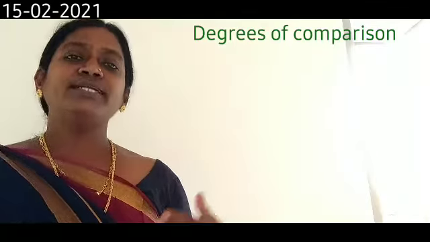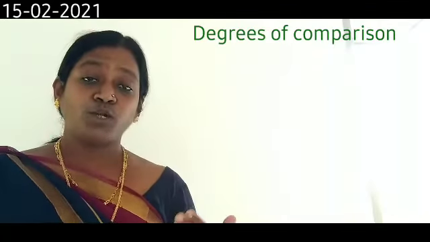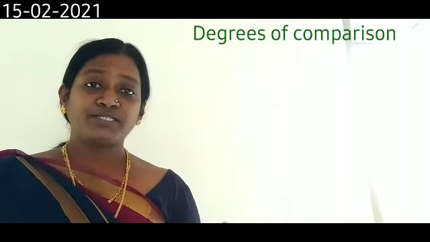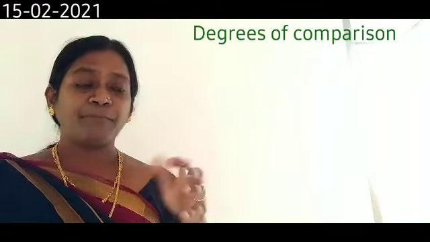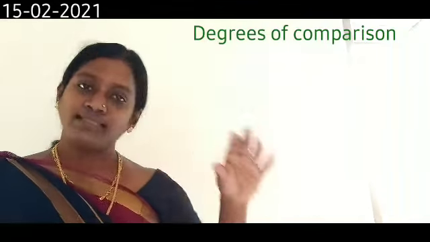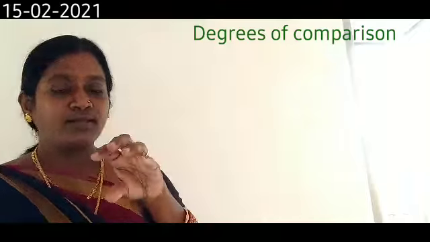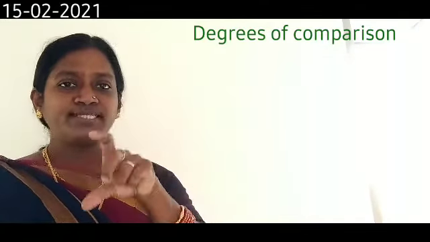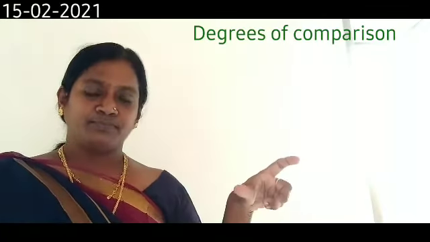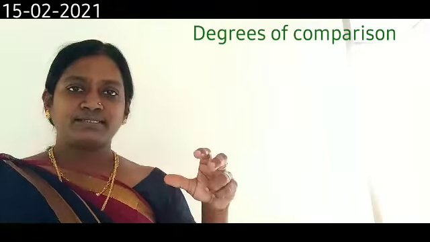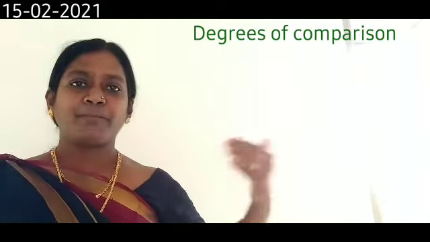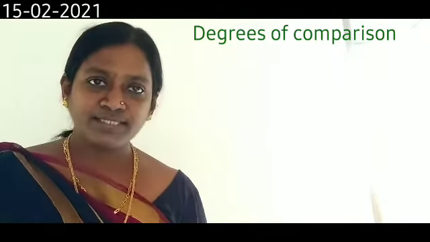Okay, what do we express as a comparative degree? In comparative degree, we compare one person with another, or one thing with another, one incident or accident with another. Not only people and places, the incidents also can be compared with one another. Is that understood?